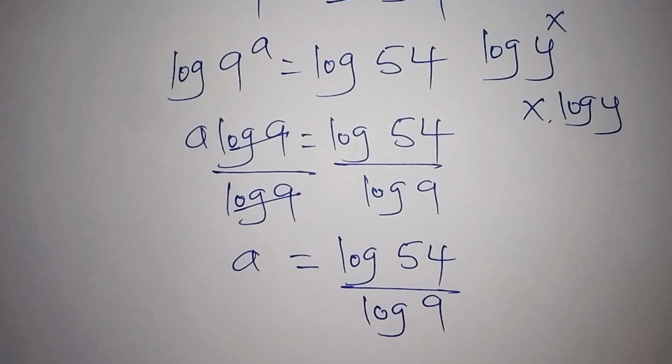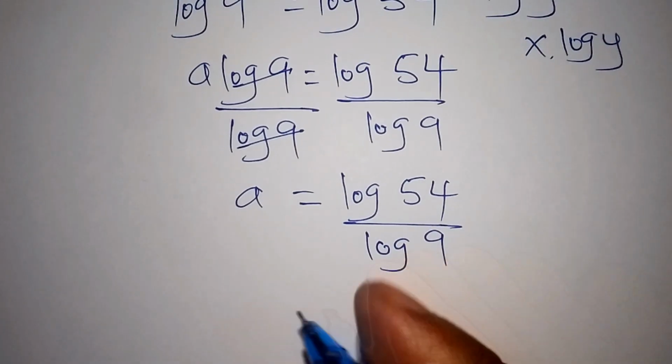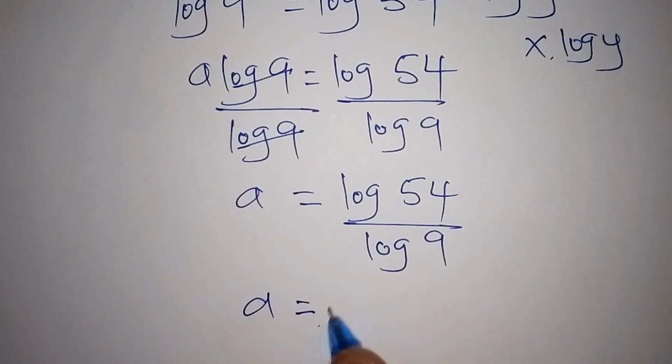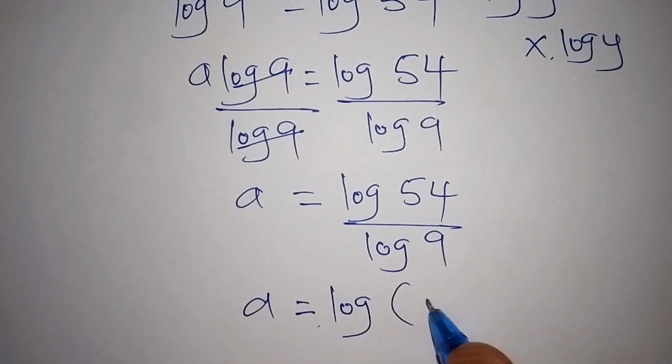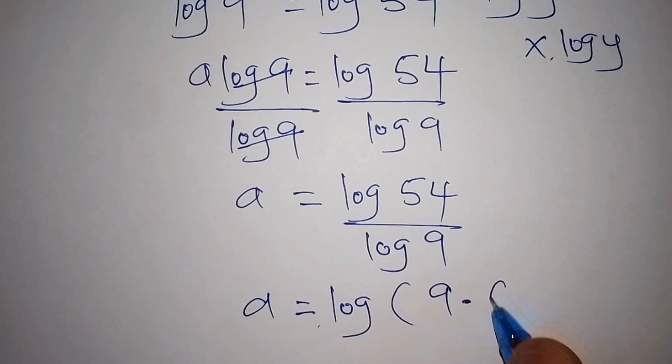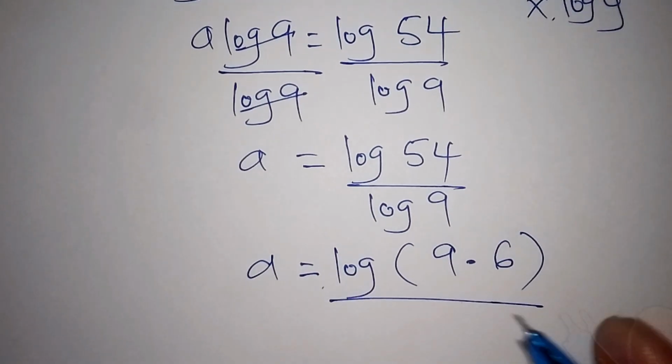So how do we go about this? We can still simplify the log of 54 all over the log of 9. Our value for a, we can write as the log of 9 multiplied by 6, all over the log of 9.